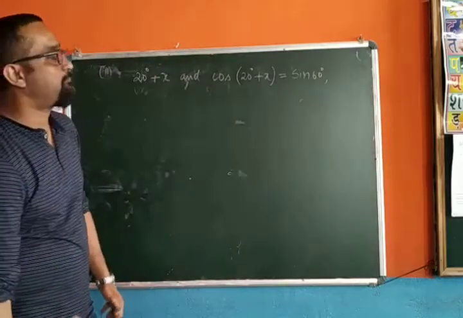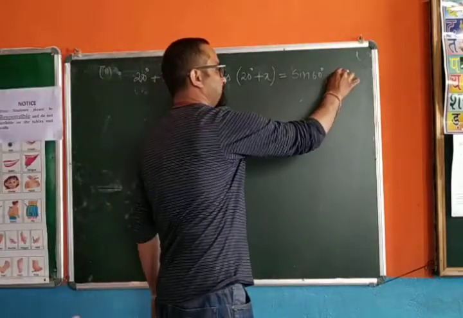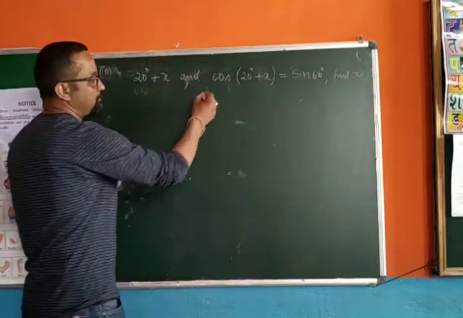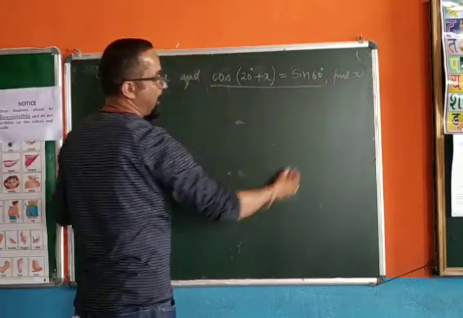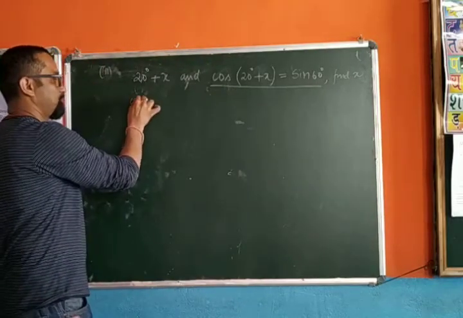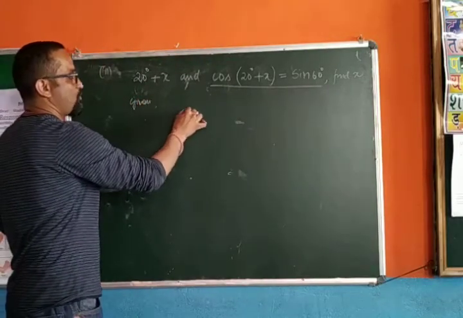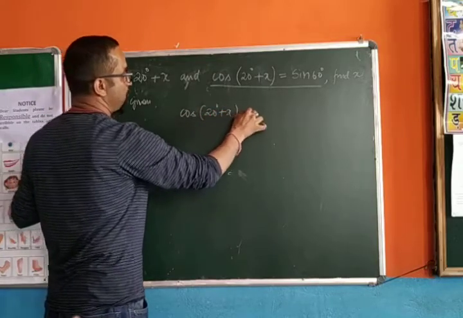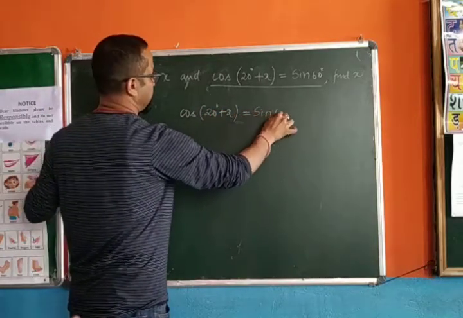Question says that find x. Similar sum, you copy this entire given term. Cos 20 degree plus x equal to sine 60 degree.